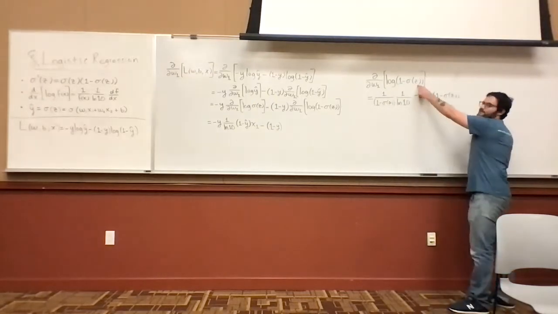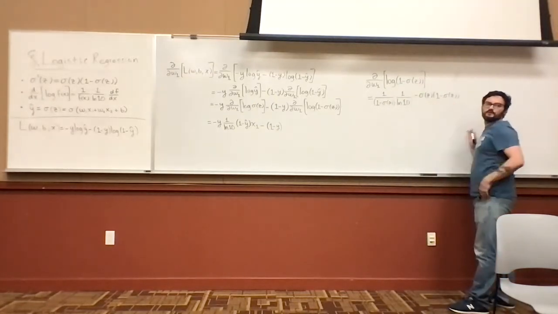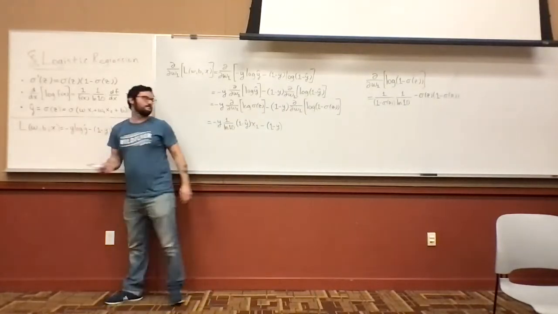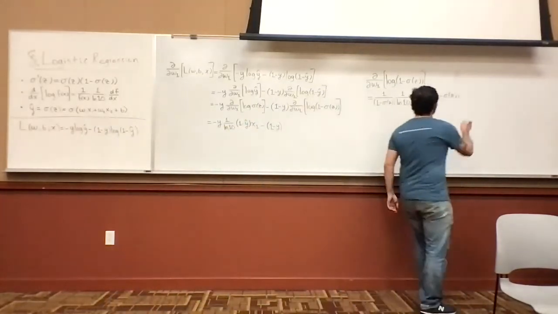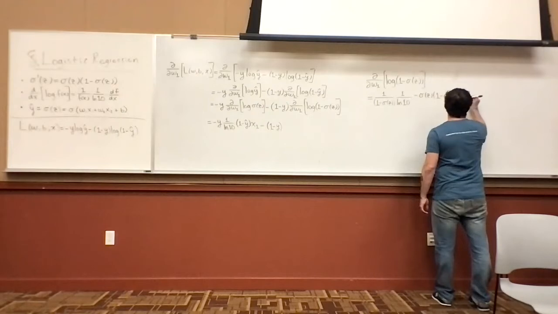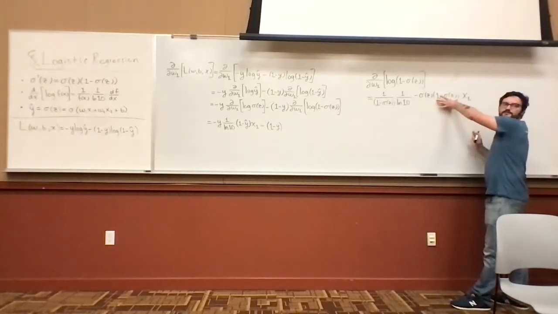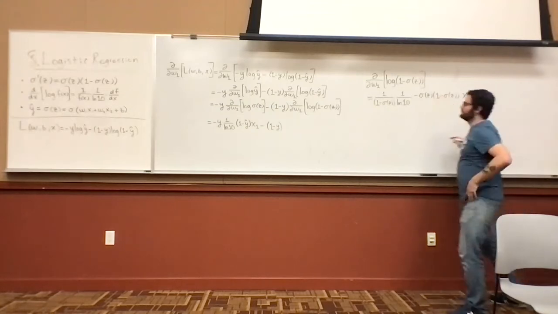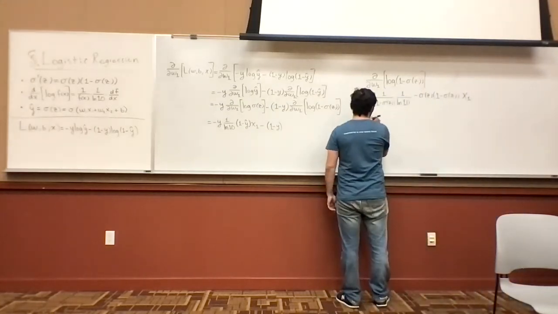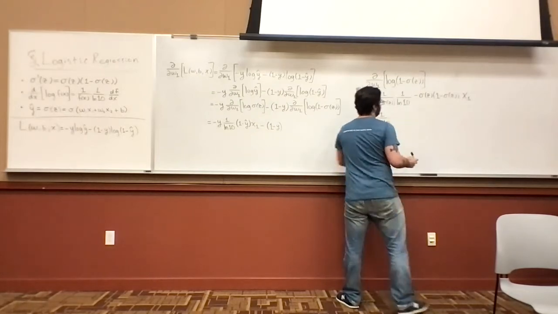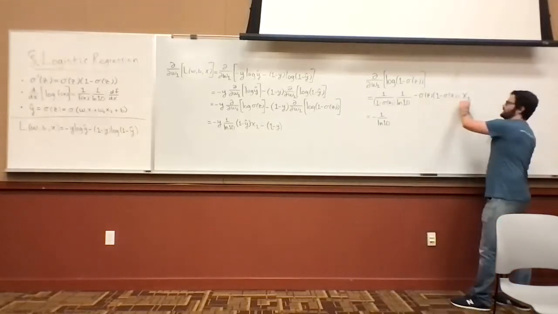Times the derivative of z, the inside, which is what? With respect to W1, it's just X1. Oh, that and that divide out, right? So we just get that this is equal to negative 1 over natural log of 10 times sigmoid of z times X1.